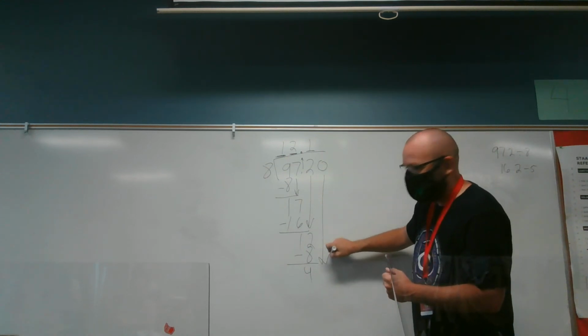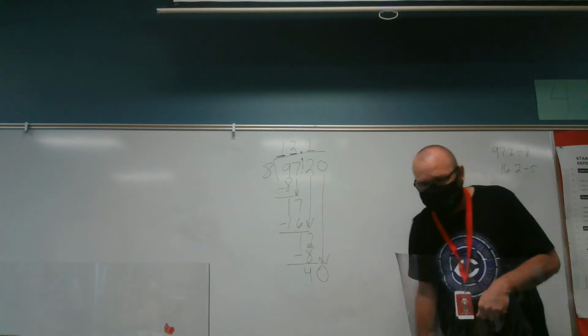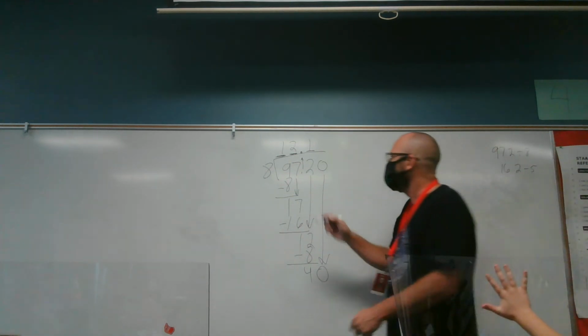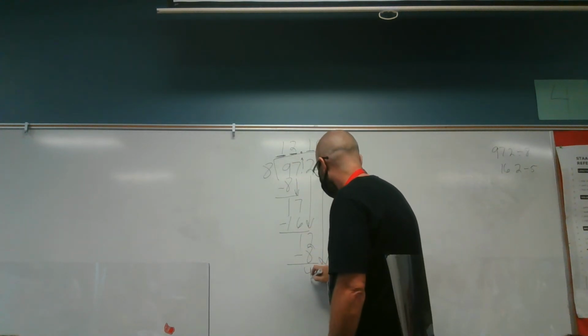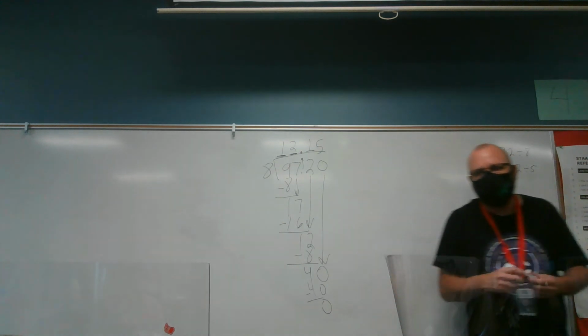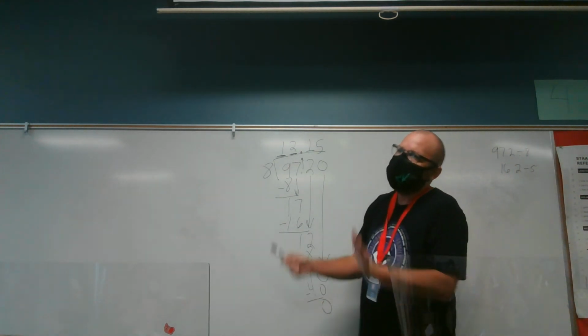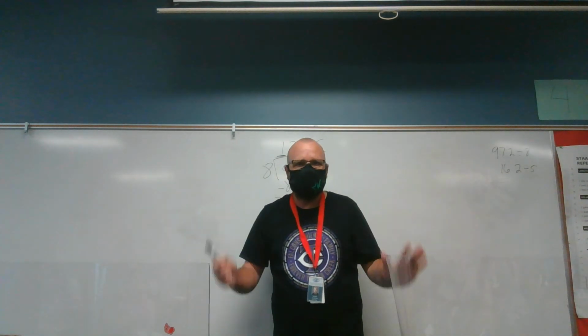So then I bring that down and I ask myself, how many times does 8 go into 40? 5. So I should never see a remainder when we're dividing with decimals.